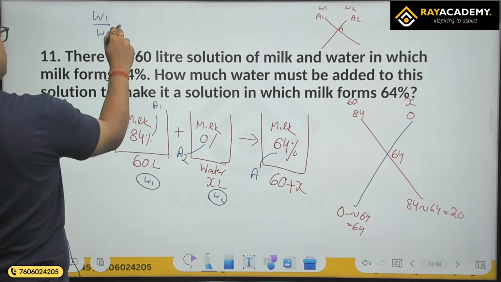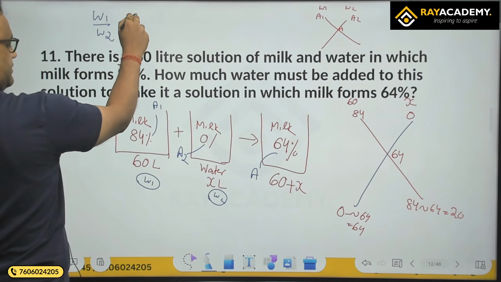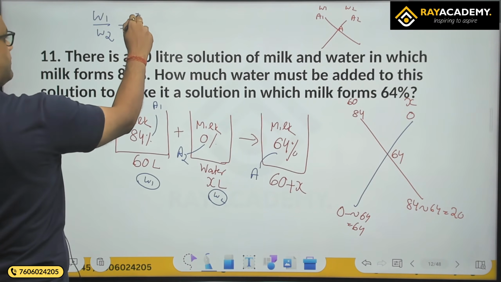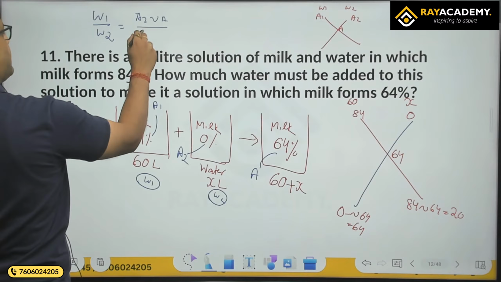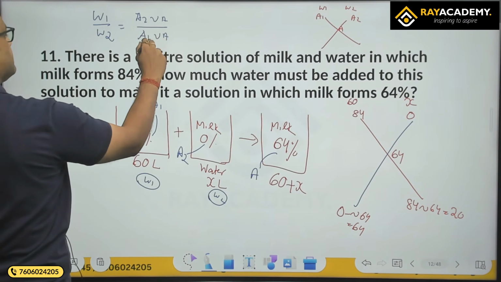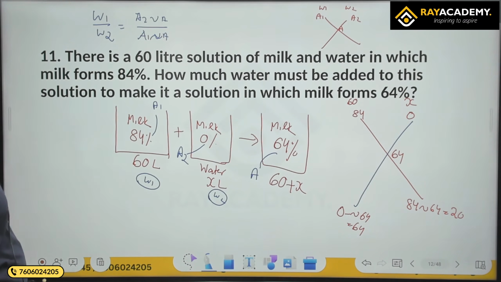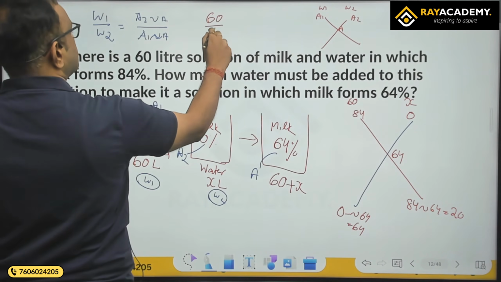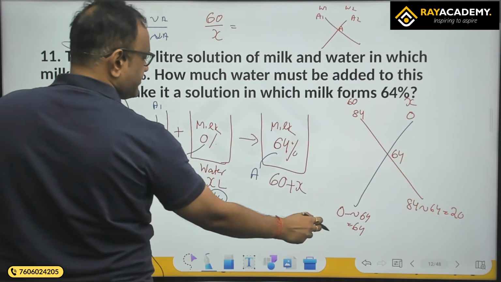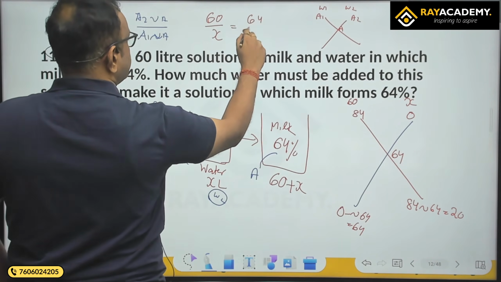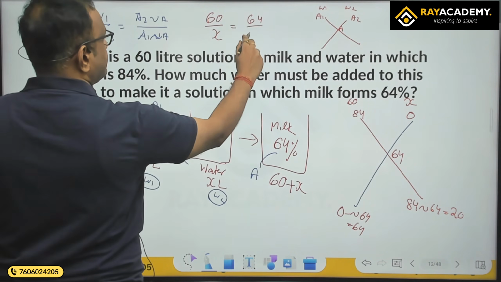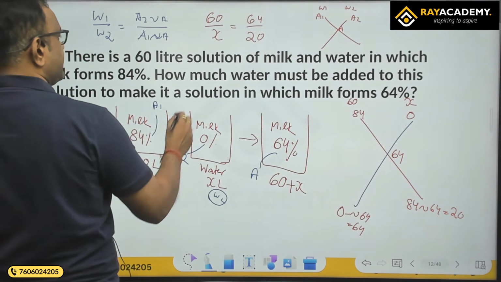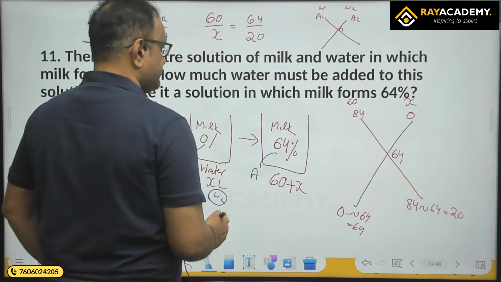W1 divided by W2 is equal to the A2 minus A difference divided by the A1 minus A difference. This is the alligation method. So W1 by W2: 60 by X equals 64 divided by 20. So from there you can solve and get the answer.